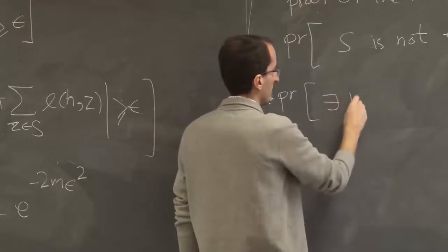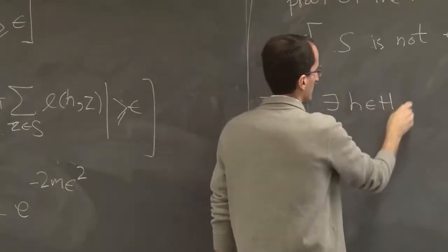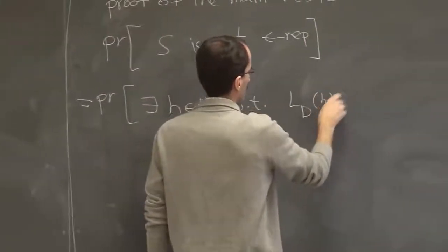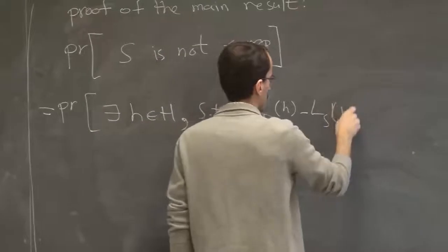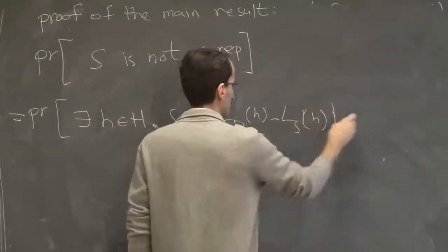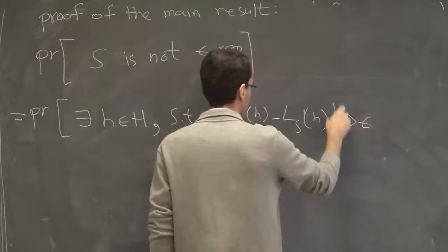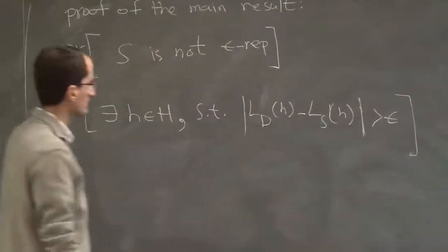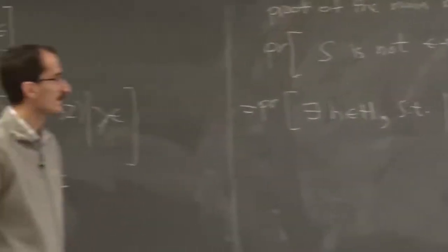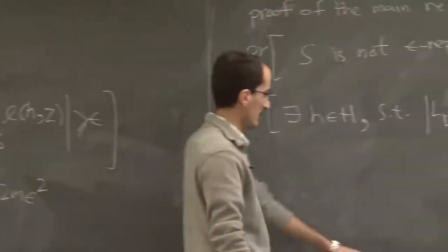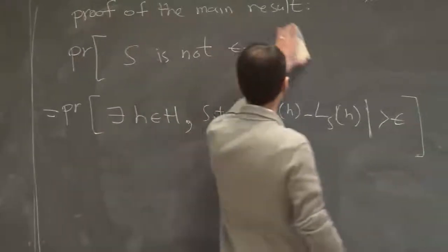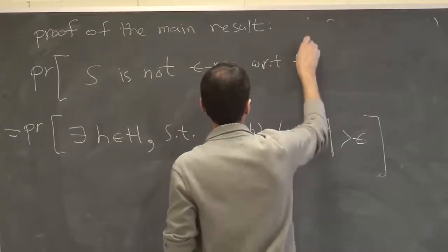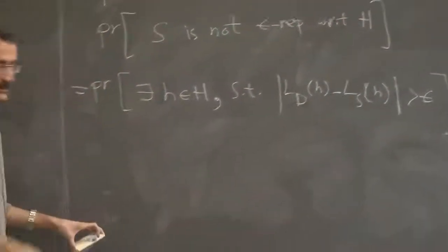There exists one H in H such that LD of H minus LS of H is greater than epsilon. That's the definition of epsilon representative. So to be more accurate, let's write H here: is not epsilon representative with respect to H. Right? So I just wrote the definition.